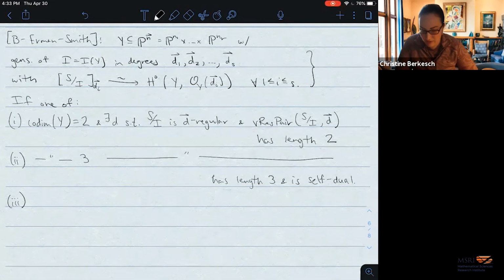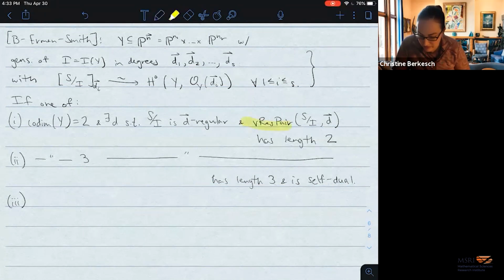And this is so that we can use the Payne-Schlesinger comparison theorem. And then it turns out that if we're in any of the three classical situations where you would want to have an unobstructed deformation theory, things work nicely here too. The first one is that we're in a codimension 2 setting, and then we have a virtual resolution that has length 2.